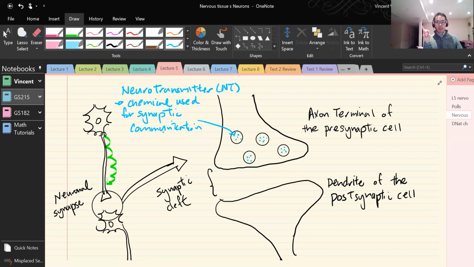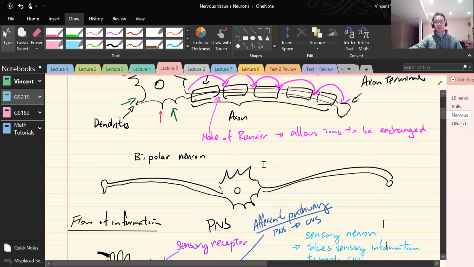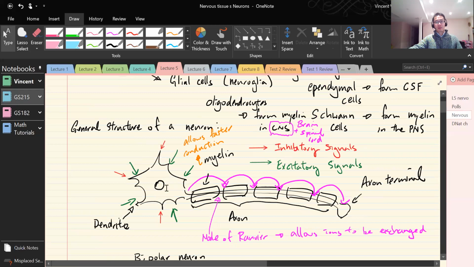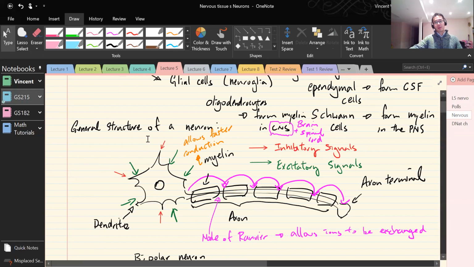Number one, some neurotransmitters are excitatory. Remember those green arrows that we drew at the very beginning, like here? So some neurotransmitters are excitatory. They will promote these positive signals. Some neurotransmitters are inhibitory. They will promote the red signals. I don't want you to think about green as good and red as bad, okay?